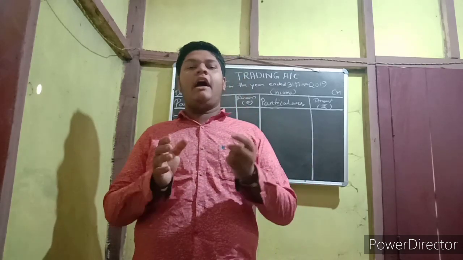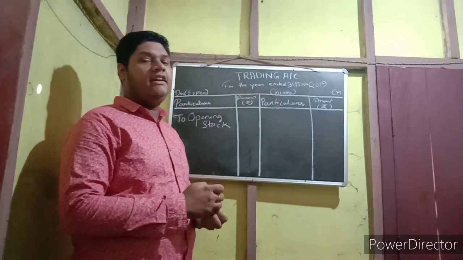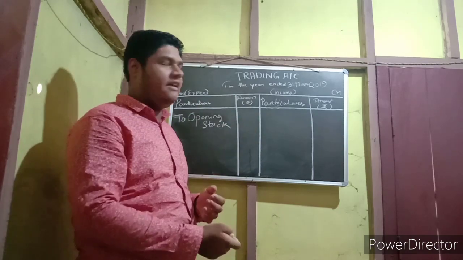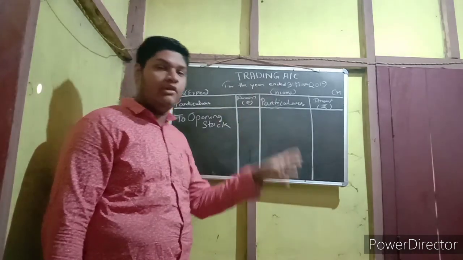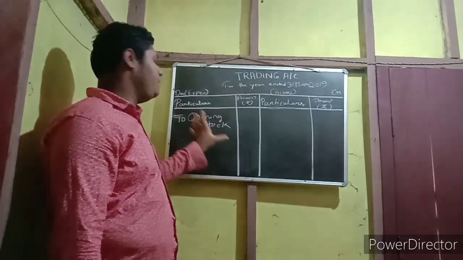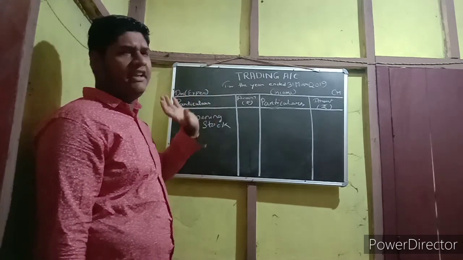For this year I will show it as closing stock. But when next year, in 2021, I start my business, this closing stock of 2020 will become the opening stock of 2021. We will always place the opening stock on the debit side of a trading account.